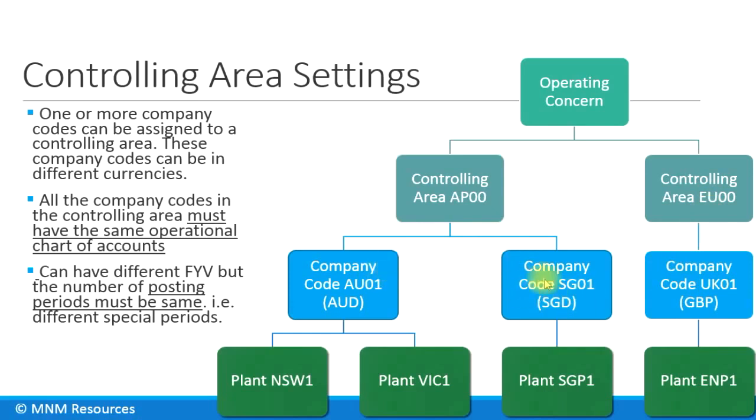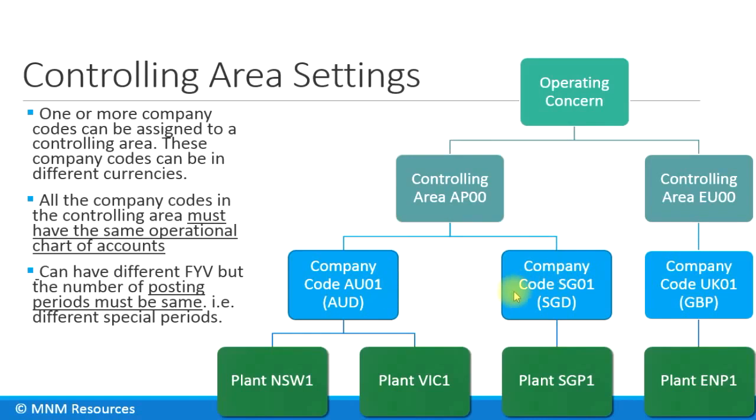Both of these company codes, if they belong to this controlling area, should have the same operating chart of accounts. They cannot have different charts of accounts. Because of that, and because both company codes are linked to the same controlling area, they can perform cross-company code transactions, or inter-company code transactions.